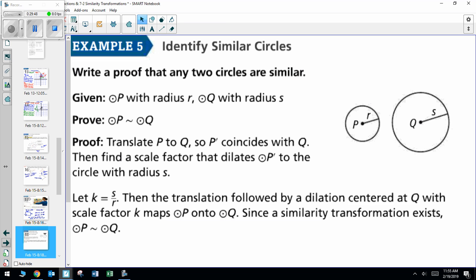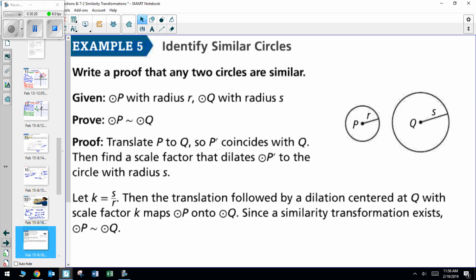Okay? And the proof follows kind of like the work we did before. We just have to name the transformations that would map one circle onto the other one in any case. Right? So they use variables to talk about it in general, right? So given any circle with any radius and another circle with another radius, we want to prove that the two circles are similar.